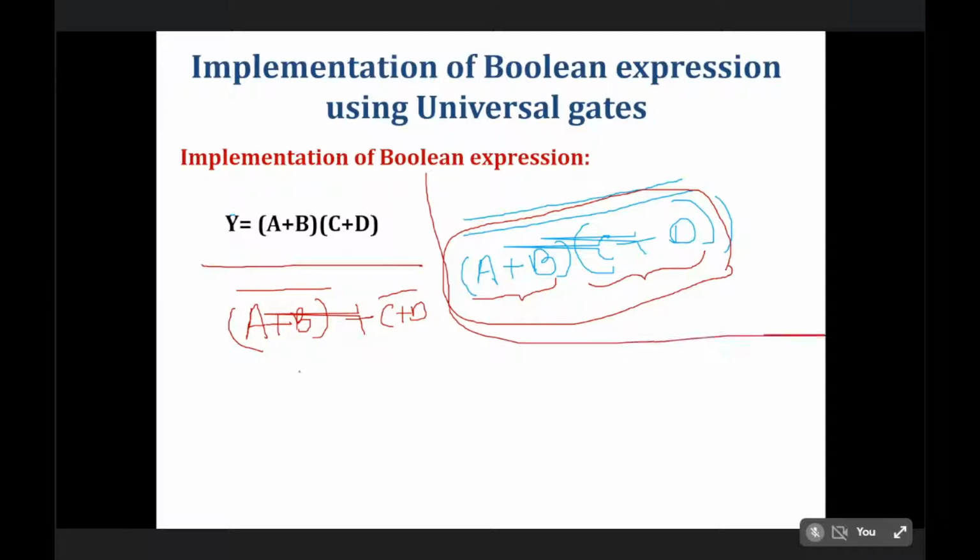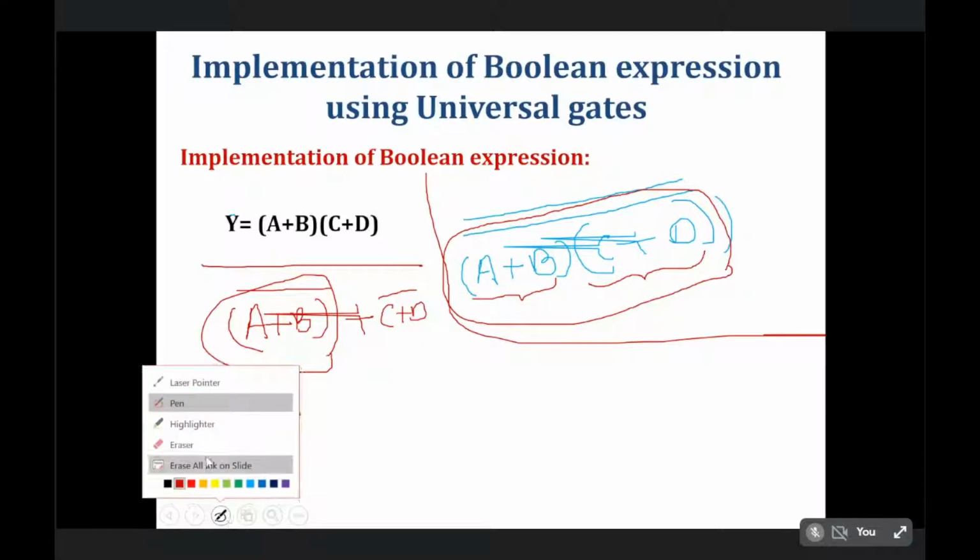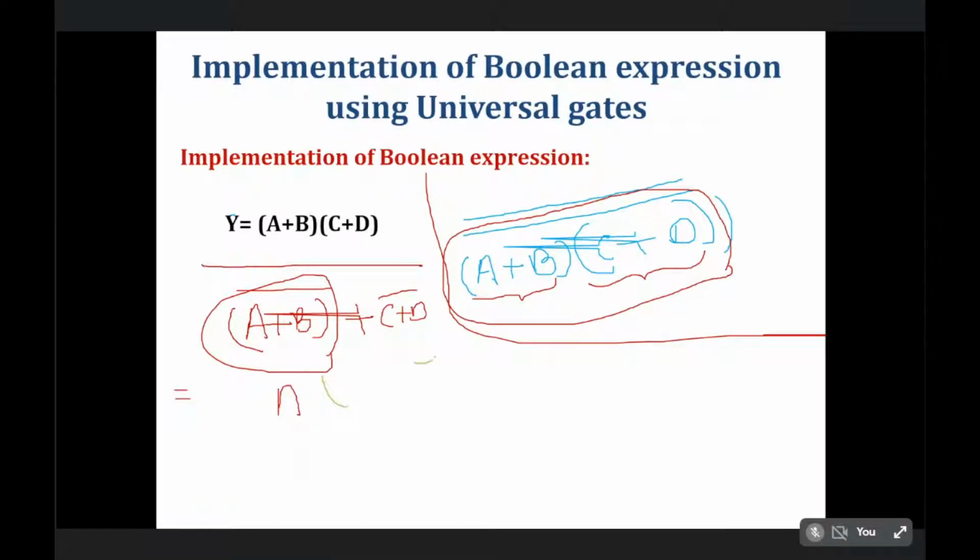Okay, so what we get here, this is one NOR operation, this will make one NOR operation, and if we replace this one with x and this with y, it will be in the form of x plus y whole bar.